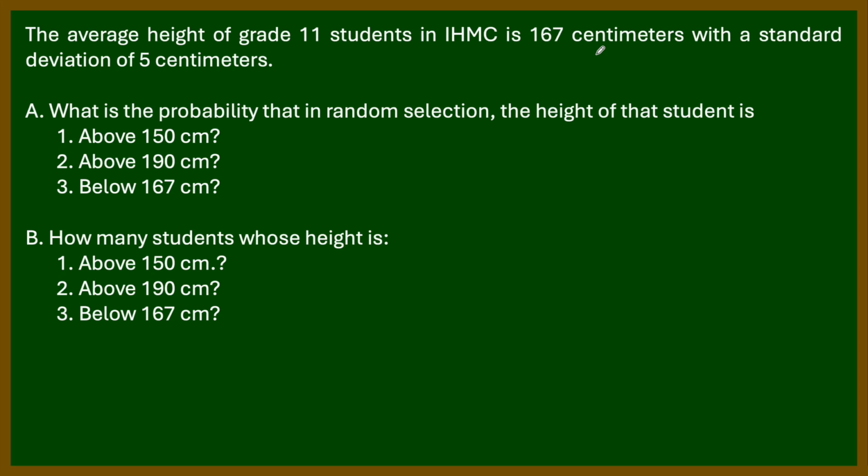Now, what is the probability that in random selection, the height of that student is above 150, above 190, and below 167 centimeters? How many students whose height is above 150 centimeter, above 190 centimeter, below 167 centimeter?